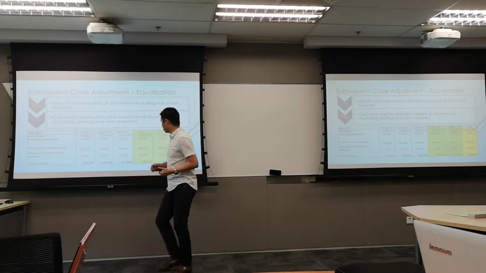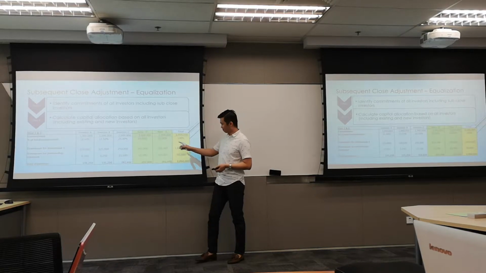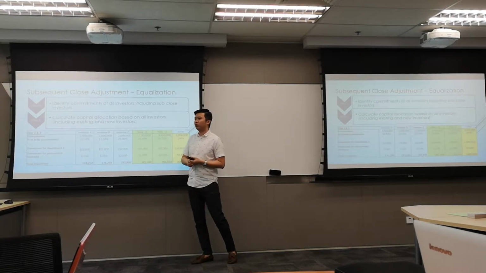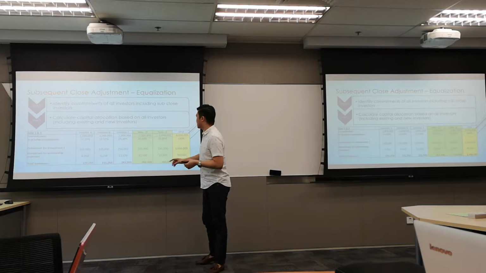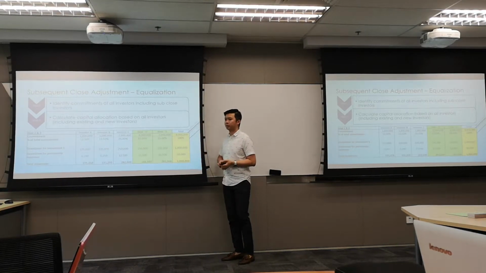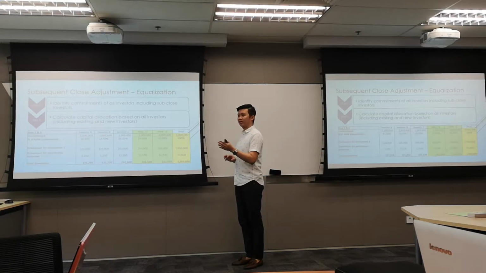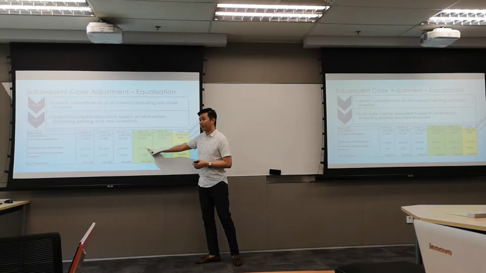Lois, I pose the question to you. Assuming $1 million investment, your shareholding in the fund is 25%, how much would you have contributed? 250,000, which is the amount here.